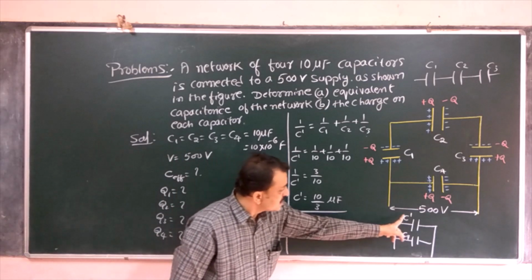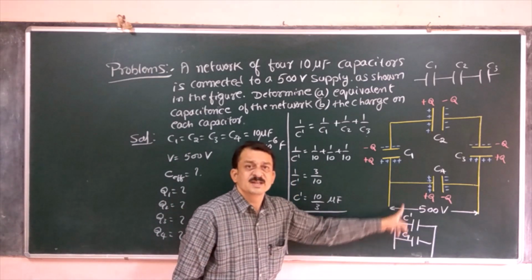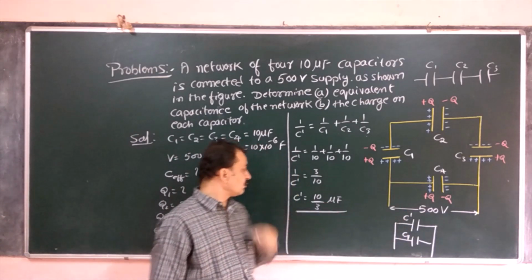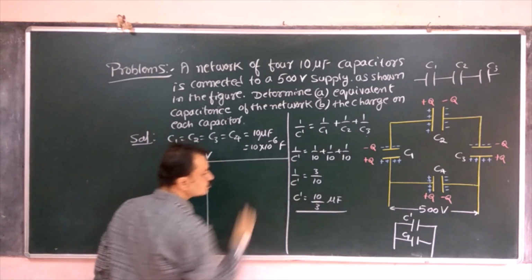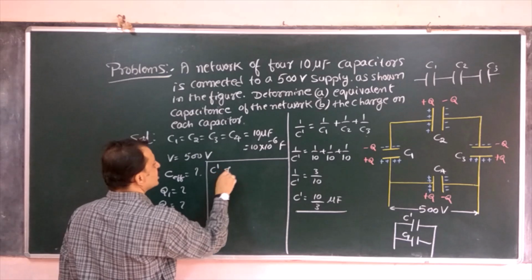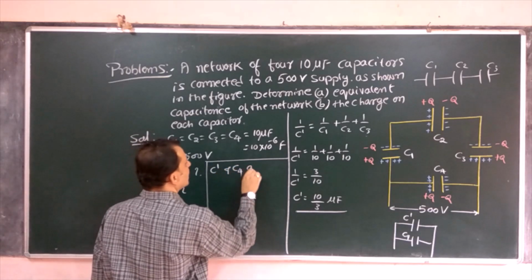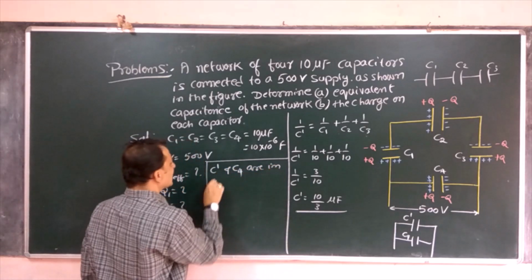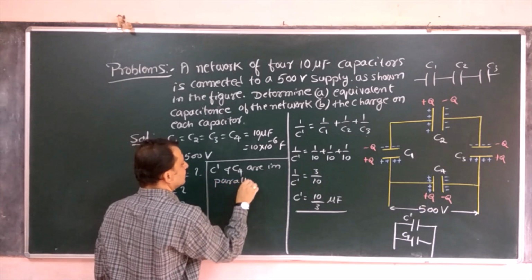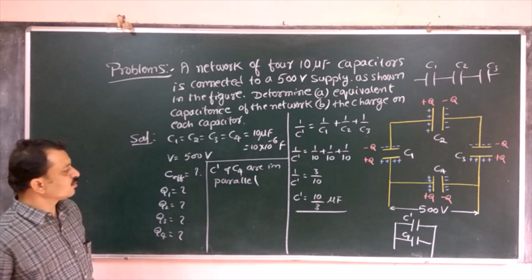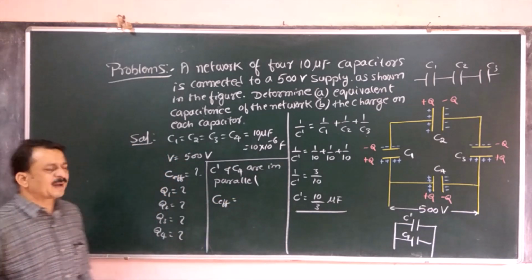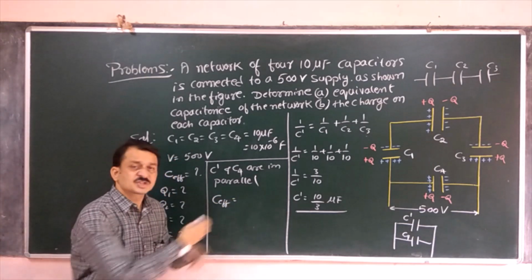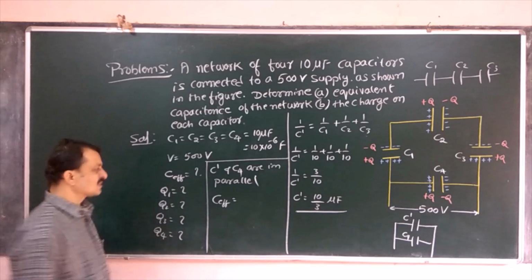So what should we do? For C dash and C4 we must use the parallel combination formula. So C dash and C4 are in parallel. Then what is the effective capacitance? I will write C effective is equal to, in parallel combination, capacitances just add.